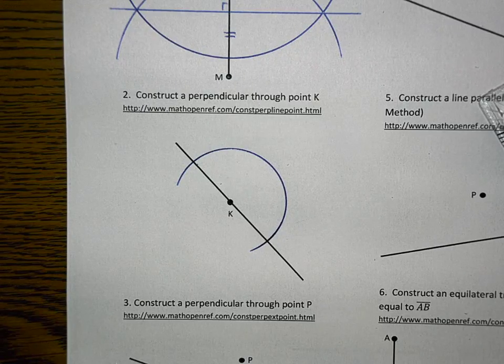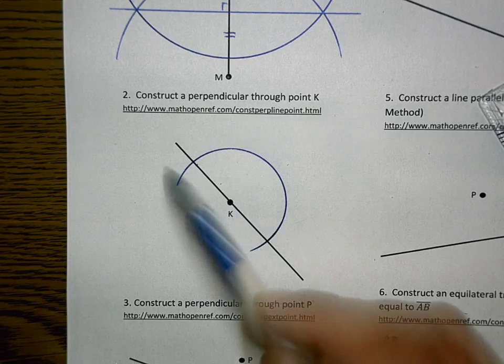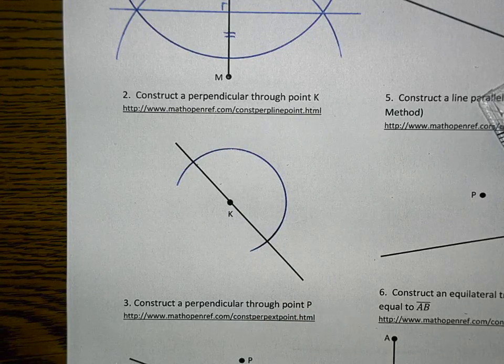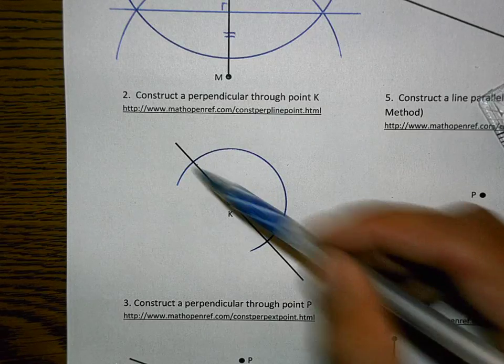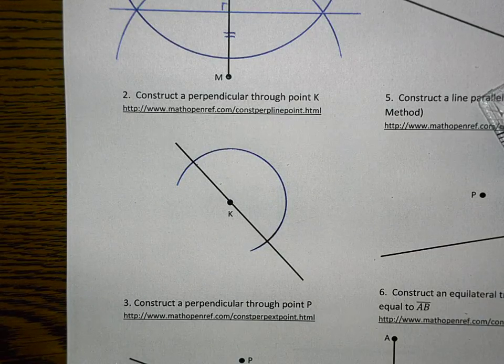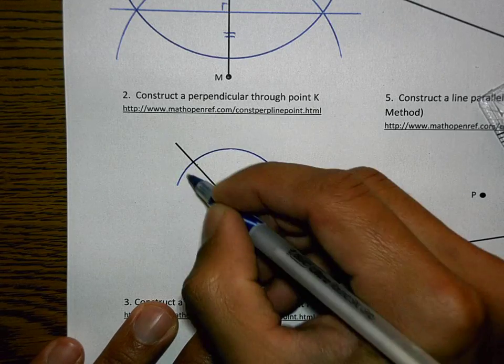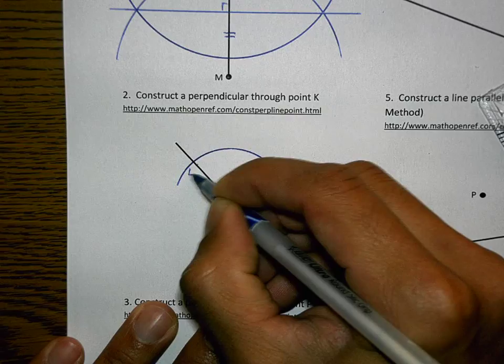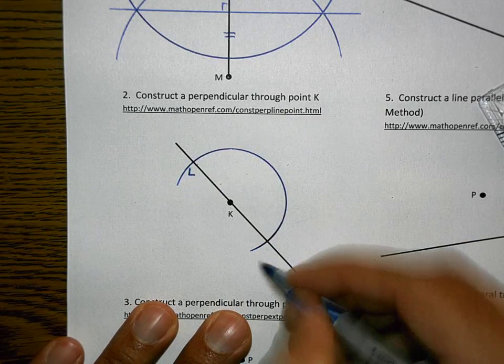Do not assume that K is in the exact middle of this line, because it's not. So now we have a mathematical way to know we have two points that are the same distance apart. Let's label this intersection as L and this other intersection as M.